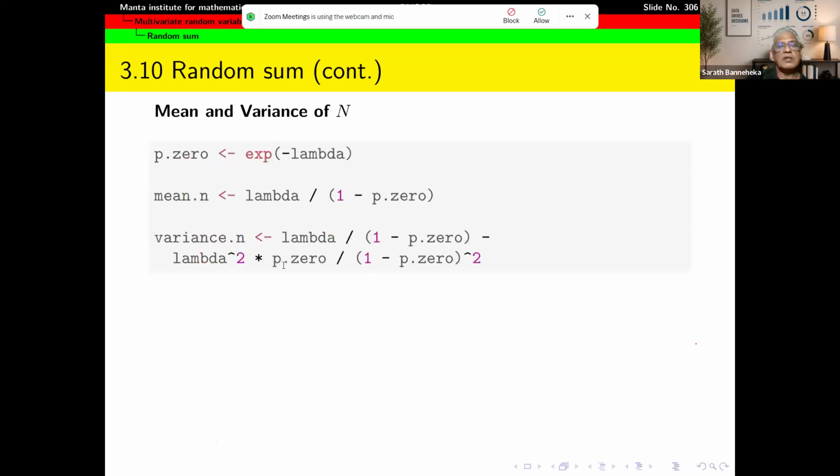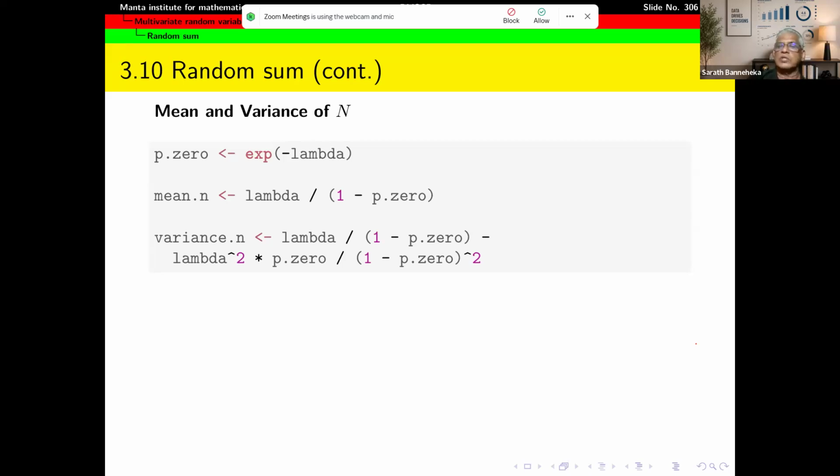And then I want to get the mean of those S values and the variance of those S values and so on. So first of all, I calculate the theoretical mean and variance. We have already got the expressions. The mean of those N values has to be lambda divided by 1 minus P0, where P0 is the probability that N is equal to 0.